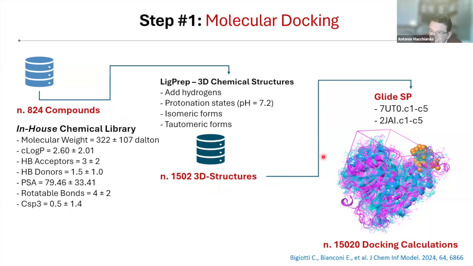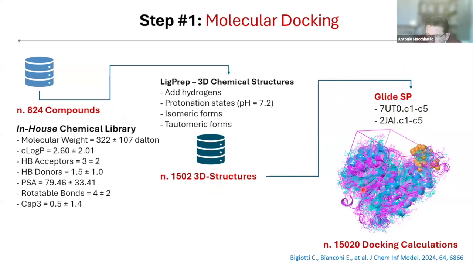These molecules were then docked using GLIDE-SP in the 5 conformations generated from the open conformation of DDH1. Here we have the PDB code 7UT0, and in the 5 conformations generated from the closed conformation of DDH1. The PDB code is 2J85. Here we have the definition of the grid box that was defined around the catalytic site of the protein.